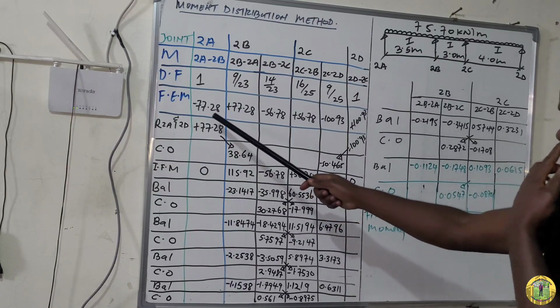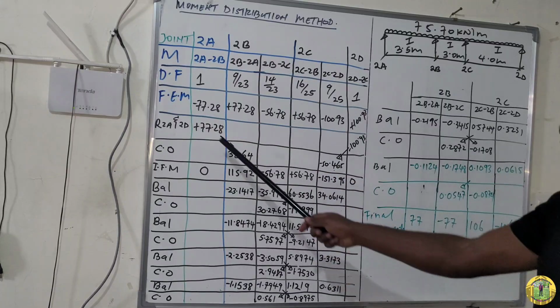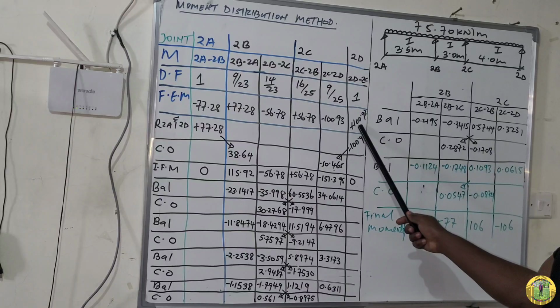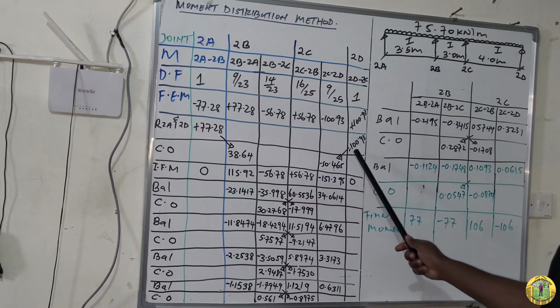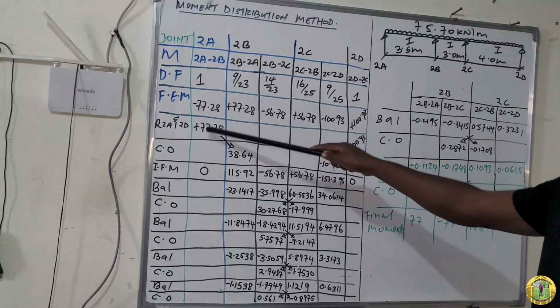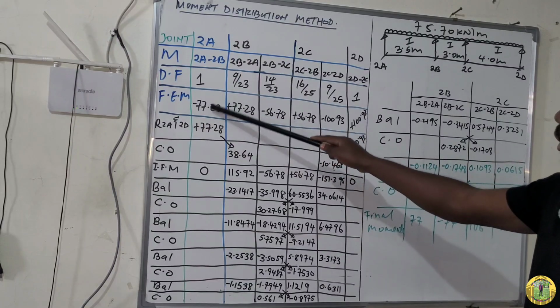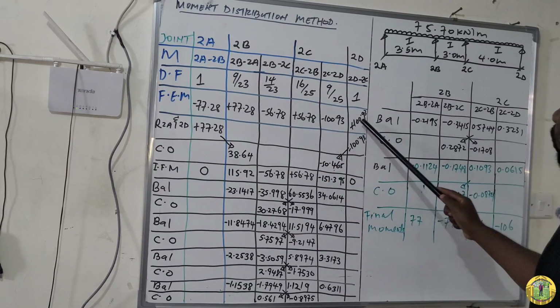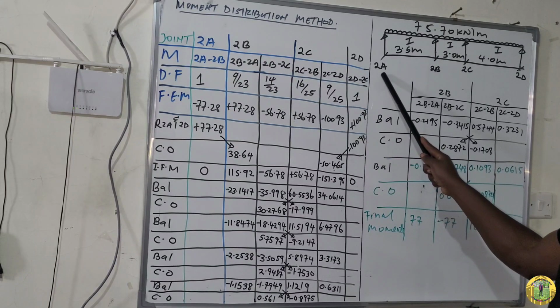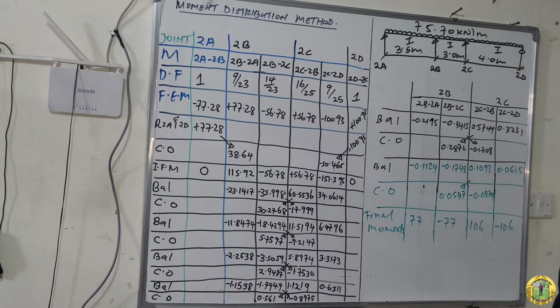So if we change the sign and we maintain the value, it will be positive 77.28. The same applies to this, positive 100.93. So change the sign, which is positive, it will be negative, and you maintain the value. Such that if you add this, you get 0, and also if you add this, you get 0. Now we have balanced, or we have released, joint 2A and 2D.